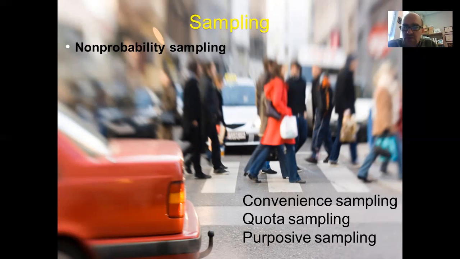So this is a situation where you've got a survey, and another word for it is street corner sampling. So you stand out on a street corner, you hand out surveys, people fill them out, and you've got data. The problem with this is, of course, it's going to depend upon which street corner you're standing on.